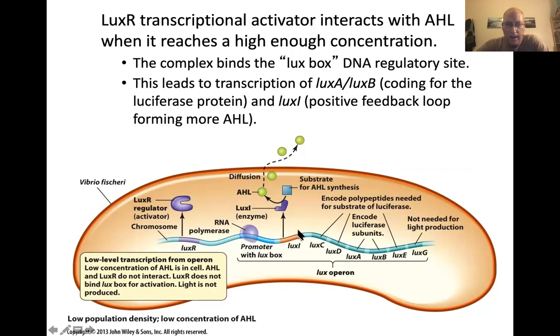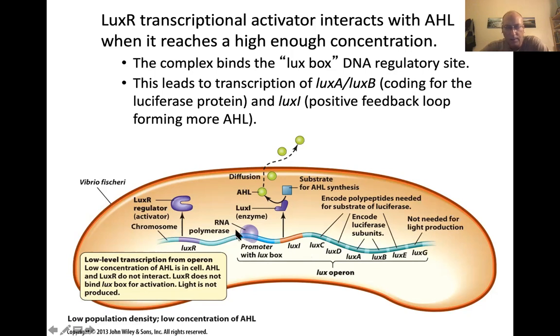So LuxI is here. This catalyzes the final step in AHL synthesis. And then in the rest of the Lux operon, we have genes that are involved in making the substrate that luciferase burns through, in a sense, and then LuxA and LuxB, which are the subunits of the luciferase enzyme itself, okay?